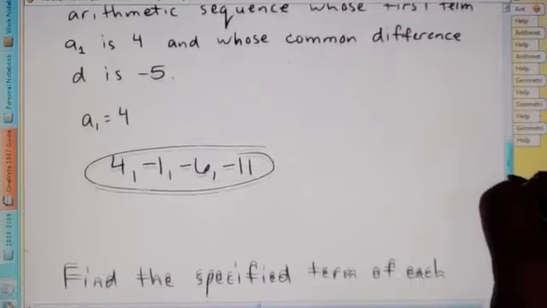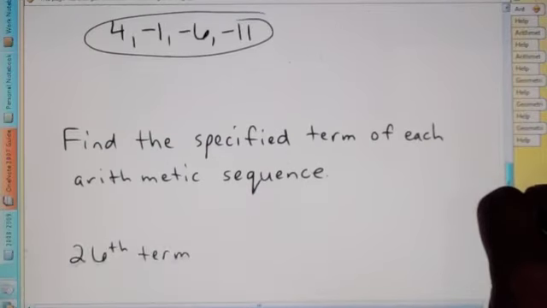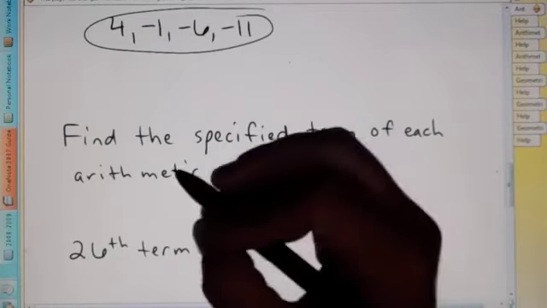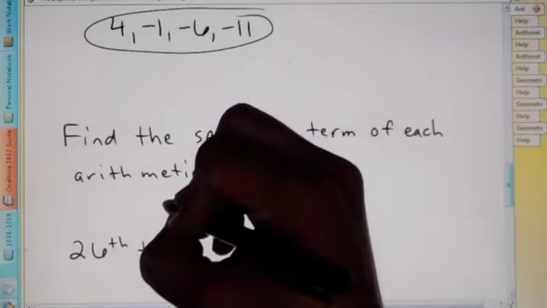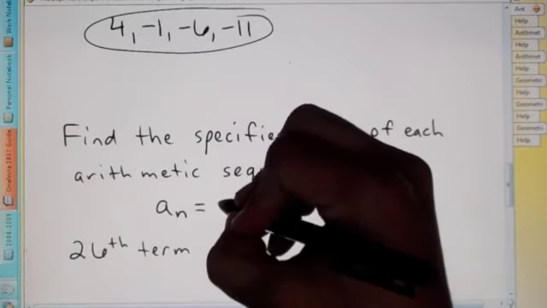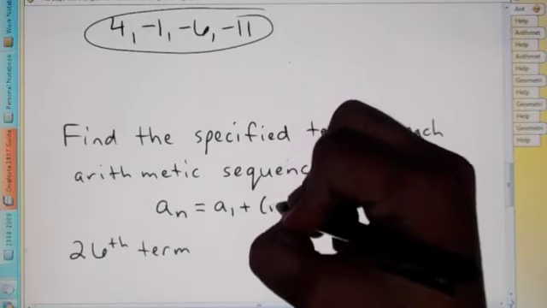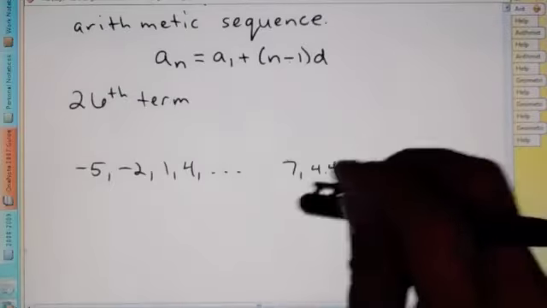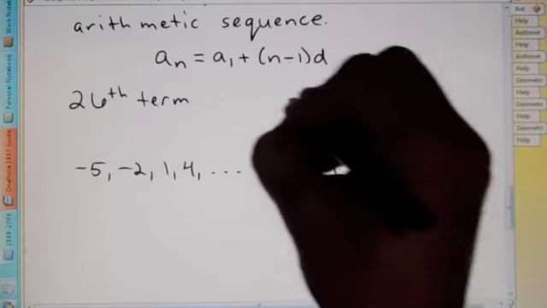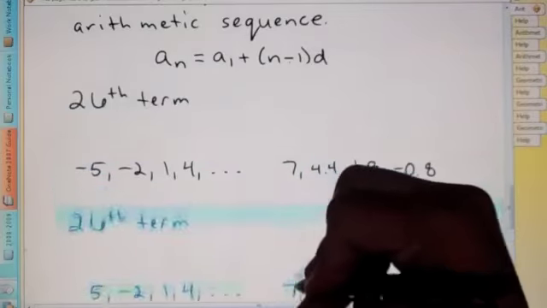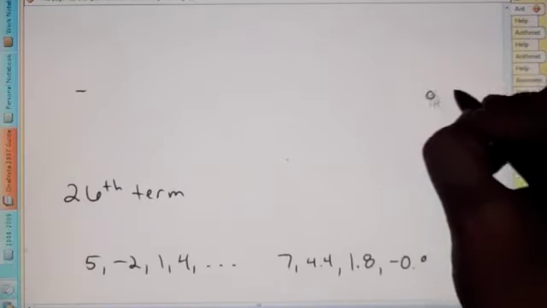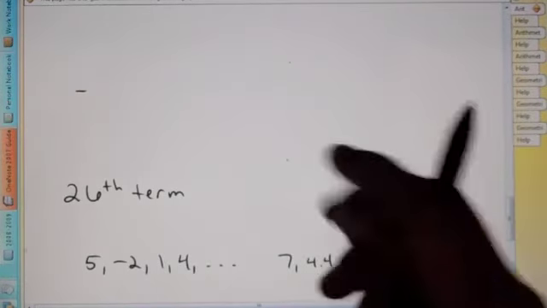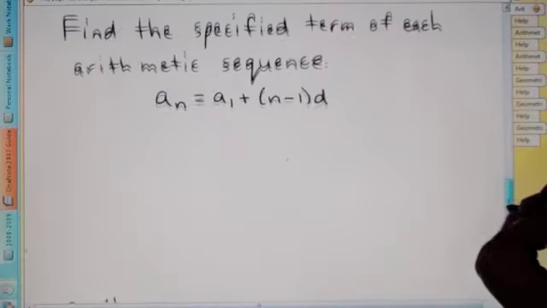Our next one. Find the specified term of each arithmetic sequence. We have a formula that we need to use. It looks like this: a sub n is equal to a sub 1 plus n minus 1 times d. Here we have our formula.